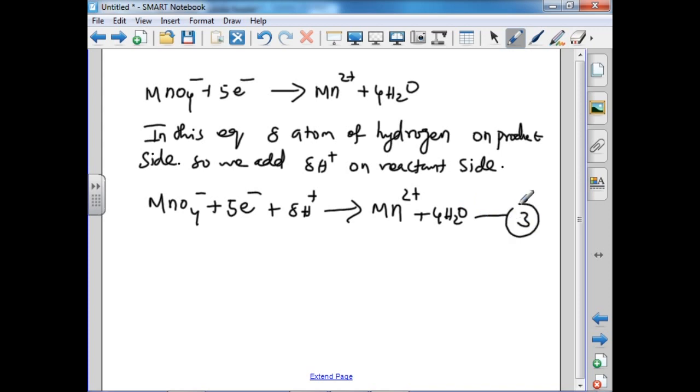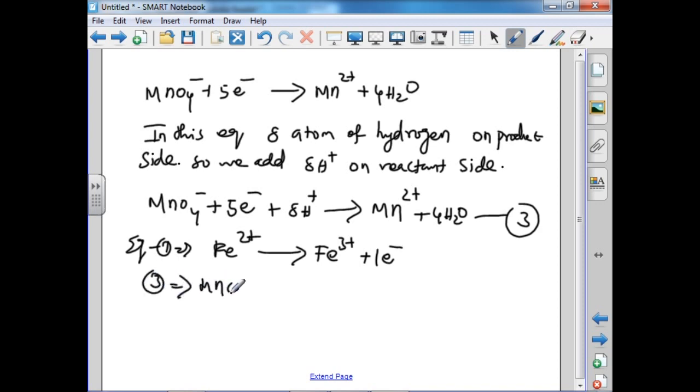So the next one is step 3. Equate both half reactions such that the number of electrons lost is equal to the number of electrons gained. Equation number 1: Fe2 plus gives Fe3 plus plus 1 electron. From equation 3: MnO4 minus plus 8H plus plus 5 electrons gives Mn2 plus plus 4H2O. Except for charge, all the atoms balance in both reactions.